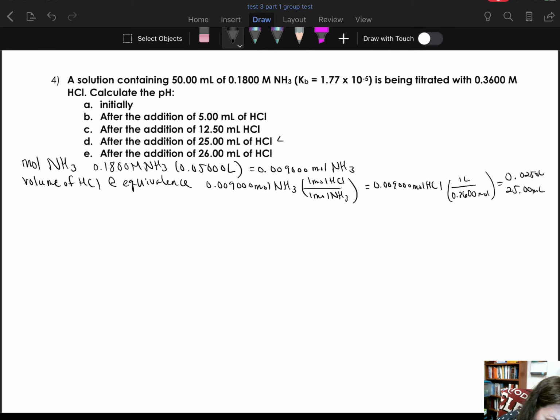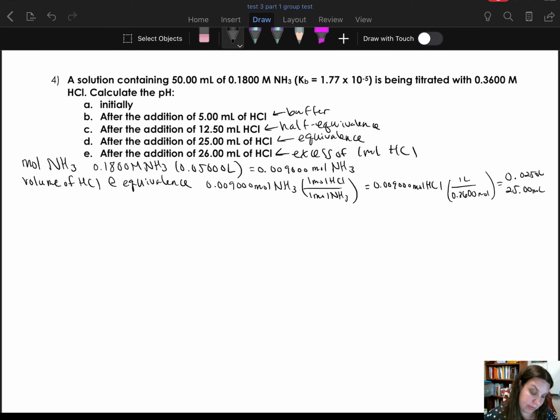So this point is our equivalence. This is divided in half, so this is our half equivalence. This, therefore, is a buffer region, and here we have an excess of 1 milliliter of HCl.